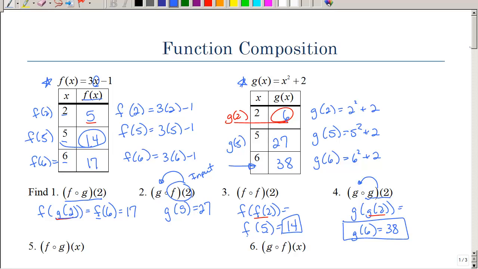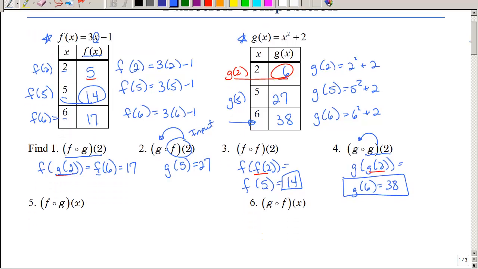But what if we want to do just f of g of x? What does that mean? F of g of x. Well, what is g of x? It is x squared plus 2. So I am replacing g of x with its function.